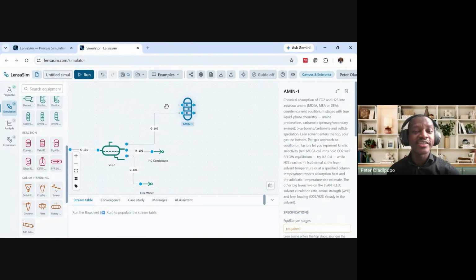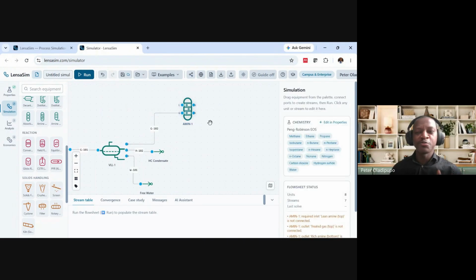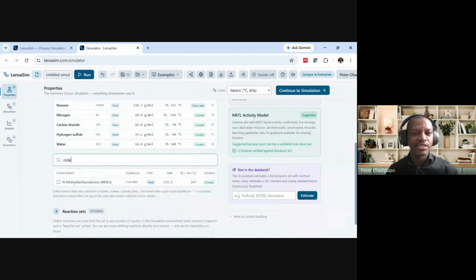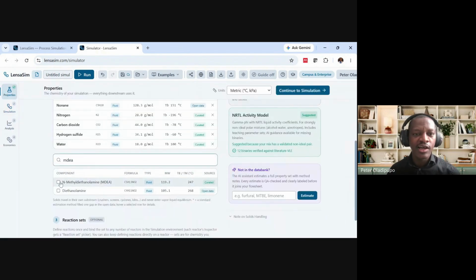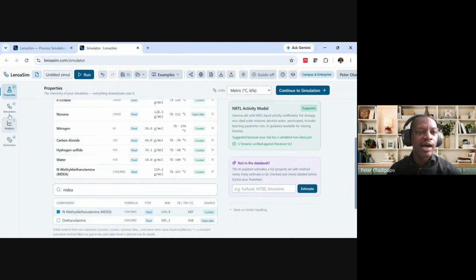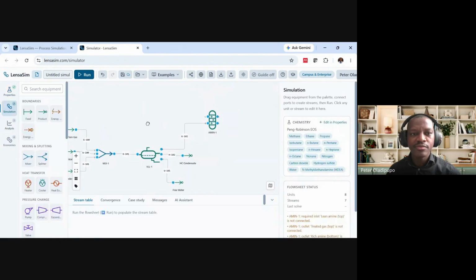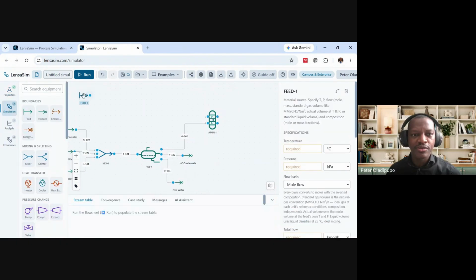Then the liquid is where the MDEA will come in from. Remember, we've not specified MDEA in the property package because we've not gotten here. So we are going to go back to the property package and specify it. Let's search for MDEA. Here we have it: methyl diethanolamine. So we pick it and go back to the property package. All right, and then of course we add a feed stream for this.